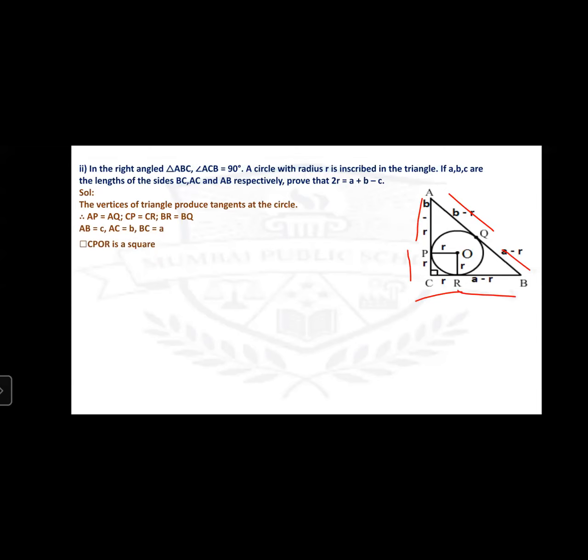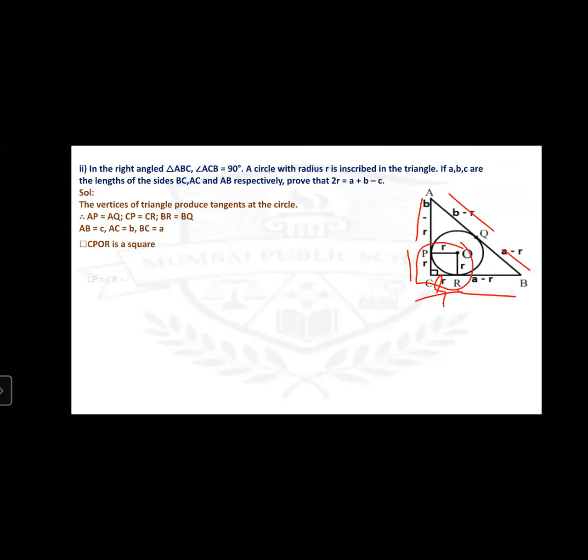So this side is equal to R, right? So it is a square. Square means all sides are equal to R. CP, CR, OR, and OP are R. So that is equal to R.